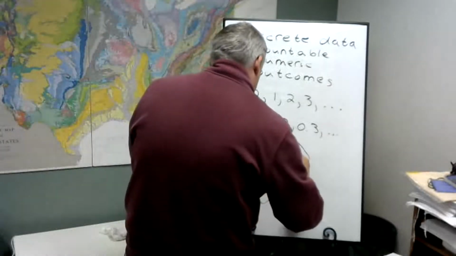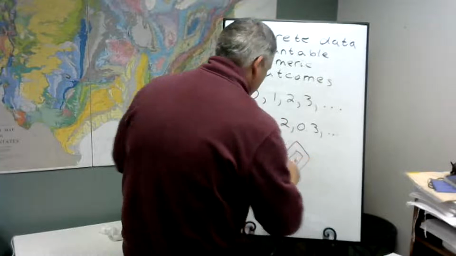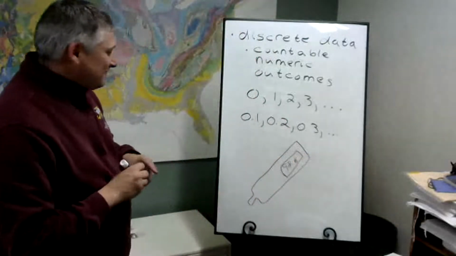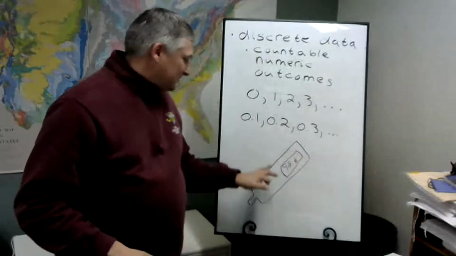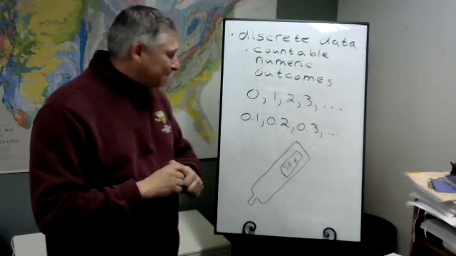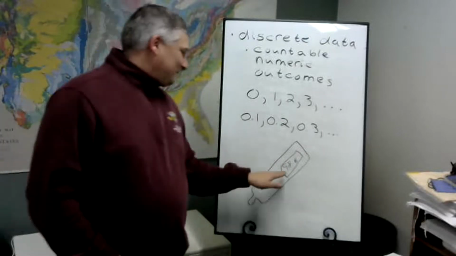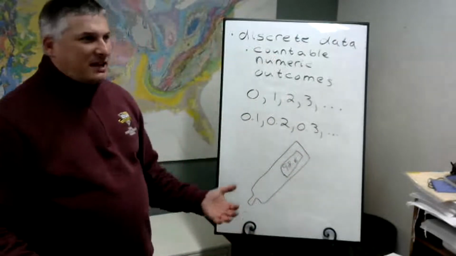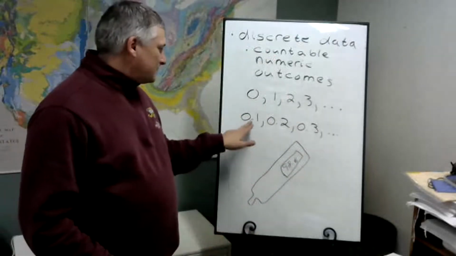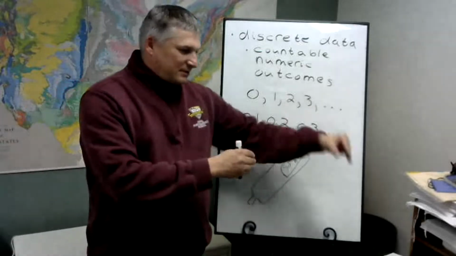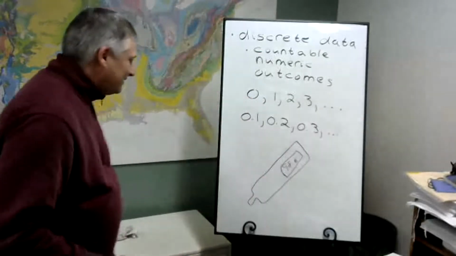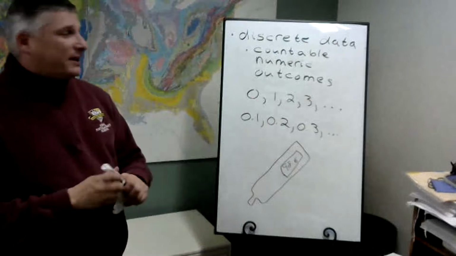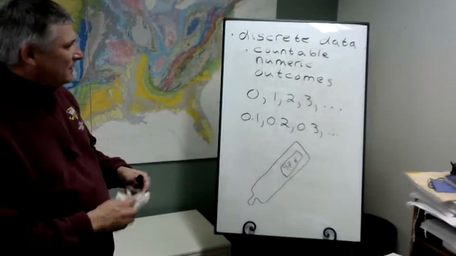But 98.6. Pardon my drawing. Give me some little artistic license on this digital oral thermometer. So 98.6, 98.7, 98.8. You'll get these sort of stepwise outputs. So that's the example they give in the text for discrete data.